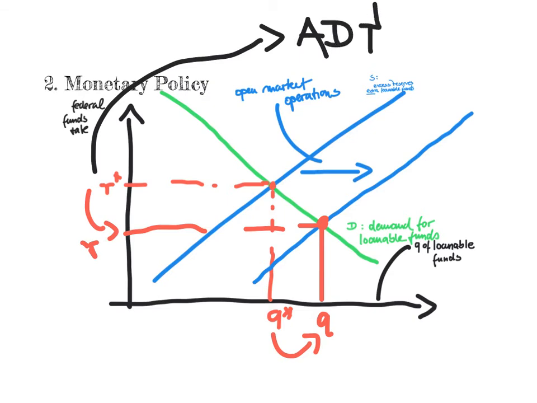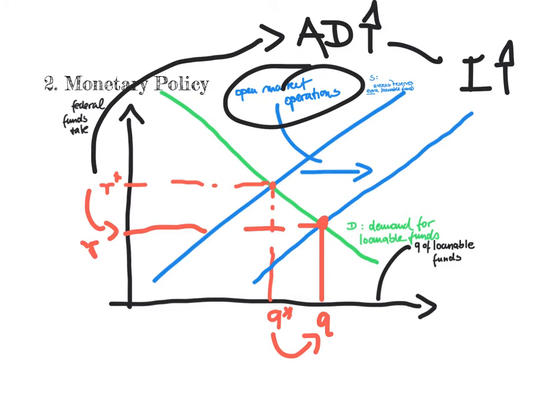It increases aggregate demand because it increases investment, right? So aggregate demand, hopefully as a result of these open market operations, of the lowering of the interest rates, hopefully that will help investment and shift aggregate demand out to counteract these contractionary pressures.